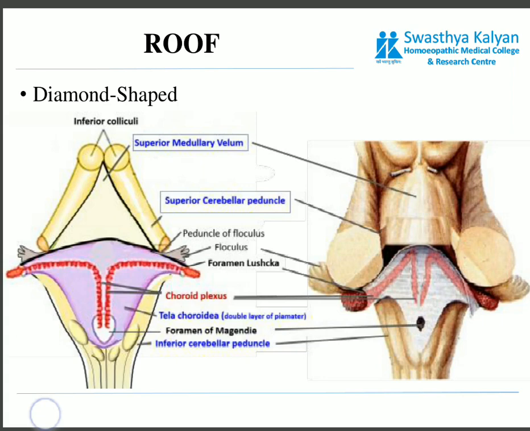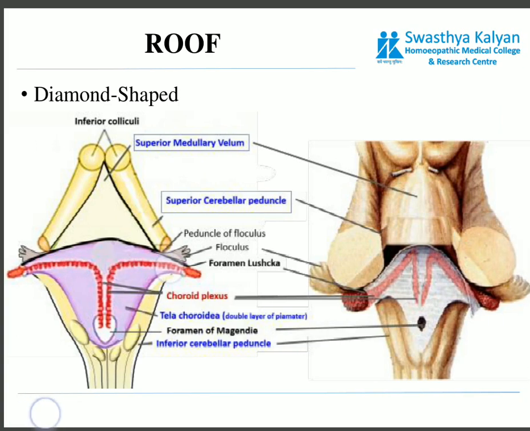Tela basically means a web-like membrane. It adheres to the underlying ependyma and gives rise to the choroid plexus.